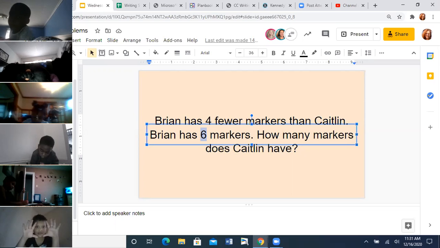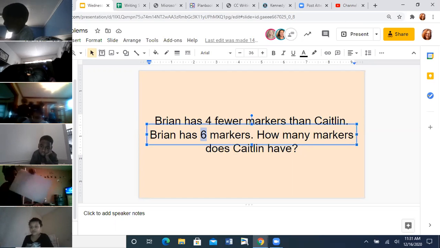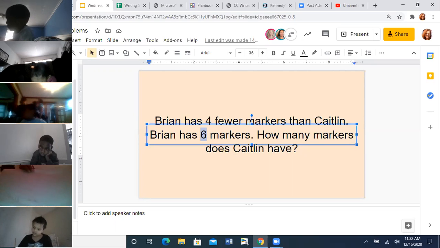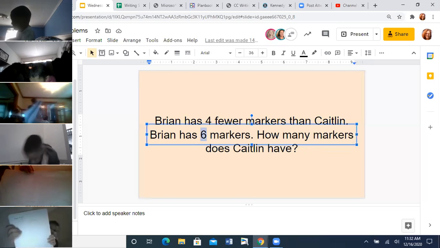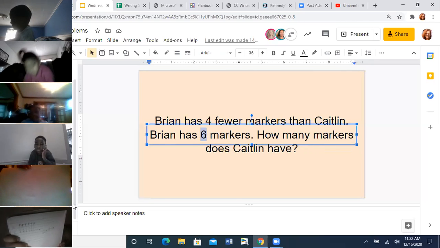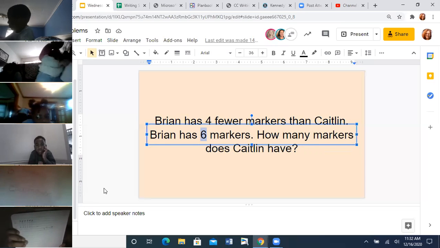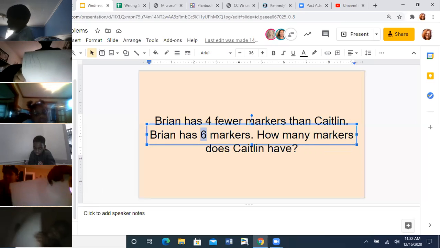Hold it up. Solve it on your paper first, Jazzy. You don't have enough fingers for this. Right, you have the 6, and then there's 4 more. So hold it up and show me nice and close to the camera so I can see, Nehemiah. Nice job, Jazzy. I can see it.